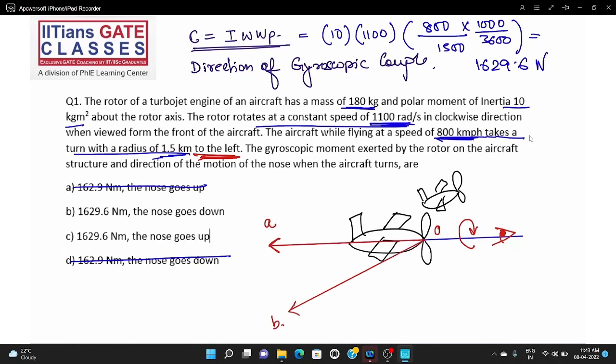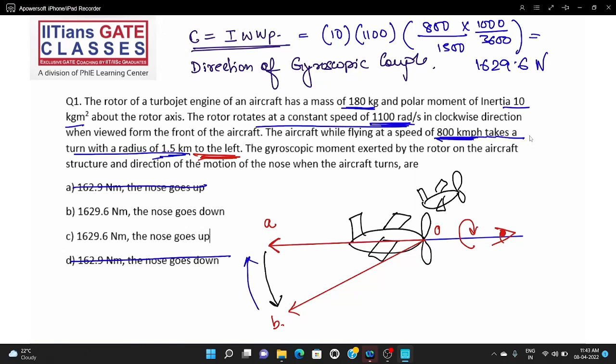So in which direction did angular acceleration take place? Angular acceleration is from A to B. Means the active gyroscopic couple is from A to B. So in which direction is the reactive gyroscopic couple? Can I say the reactive gyroscopic couple will be opposite, from B towards A? Right?